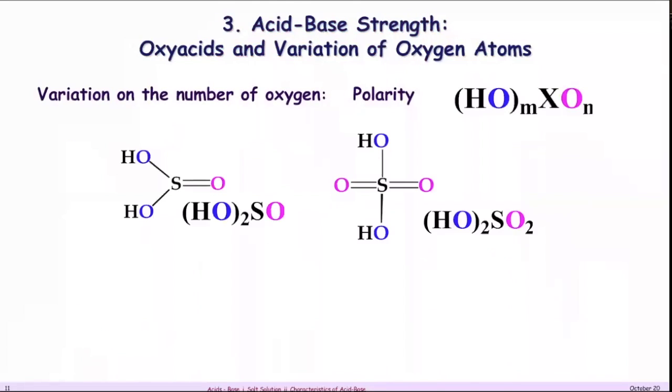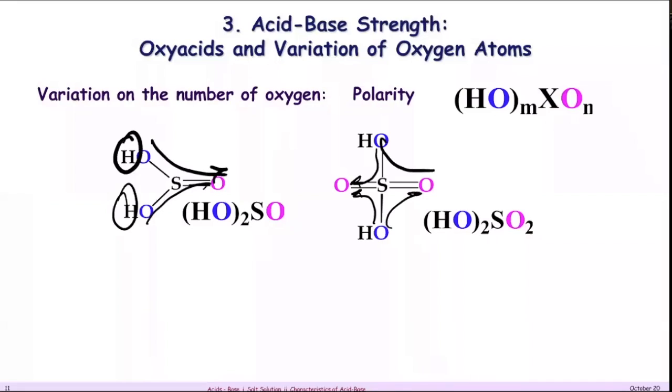So the variation on oxygen, again, because oxygen's electronegative. Here you can see that, remember, you're looking at the oxygen-hydrogen bond to see whether that's weak or strong. You've got one oxygen here that's pulling away from those. Here you've got 2 pulling away from those. The more oxygen you have, the more polar that chemical happens to be, the more acidic it happens to be.